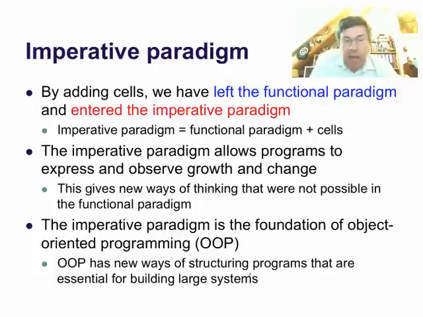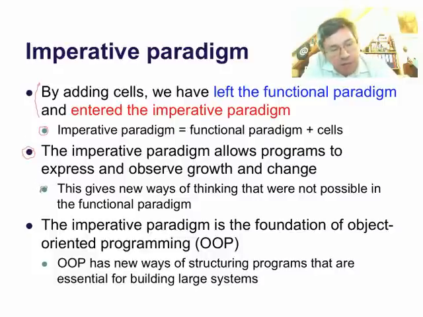Now, by adding cells, we have left the functional paradigm. We are no longer doing functional programming, and we have entered a new paradigm called the imperative paradigm. So the imperative paradigm is the functional paradigm plus the cells. The interesting point about the new imperative paradigm is that it allows programs to express, observe growth and change in themselves.